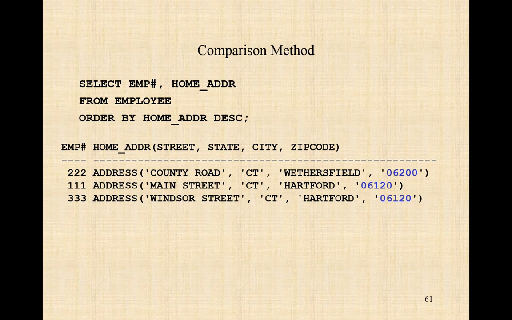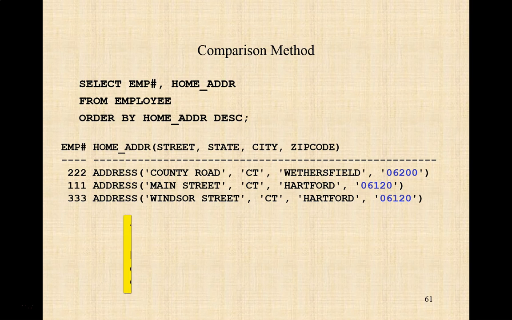And because the home address column contains address objects, the comparison method comes into play here. The ordering of the column object can be accomplished by invoking a map method or an order method, whichever we happen to declare for that object.